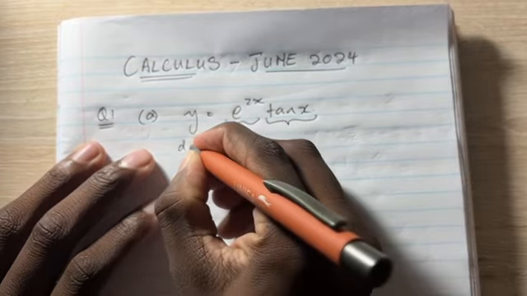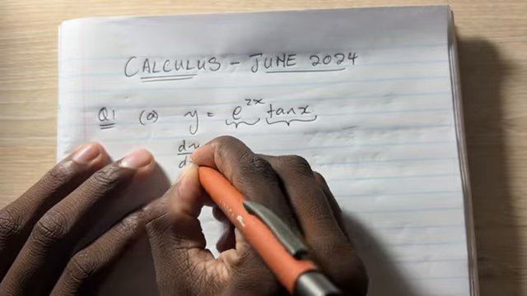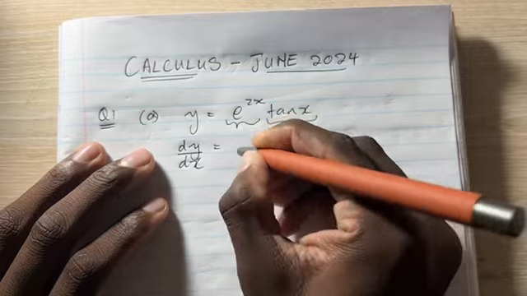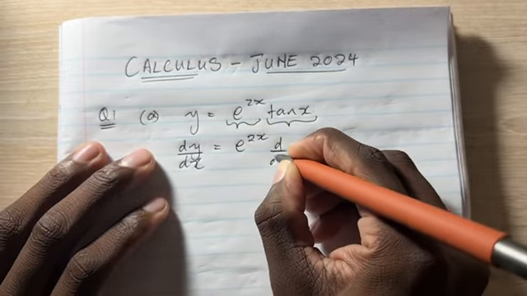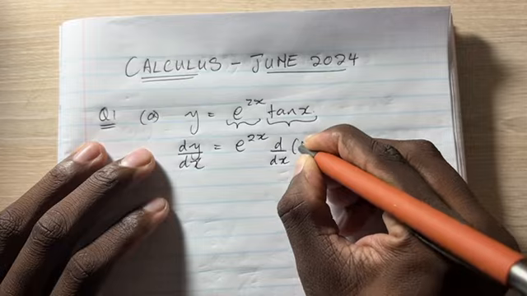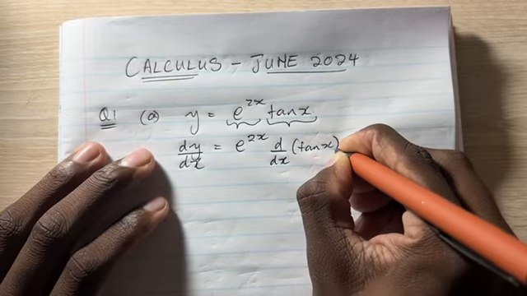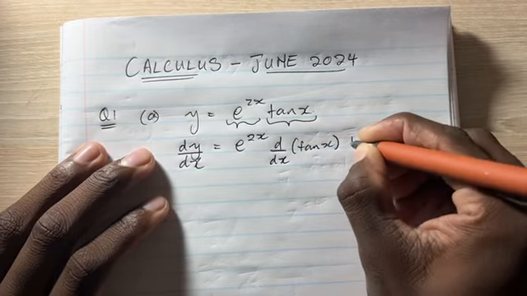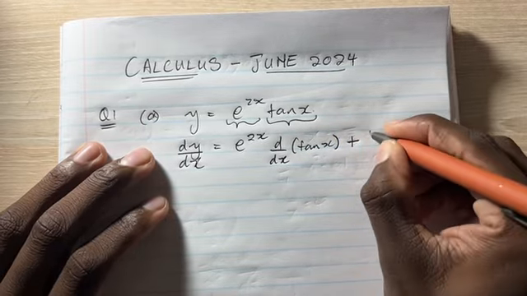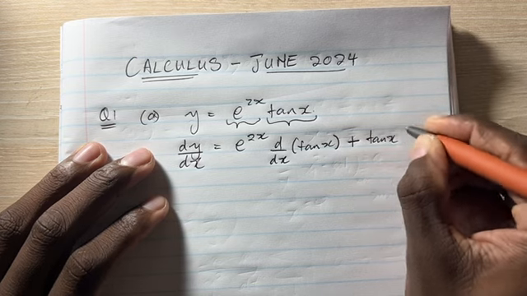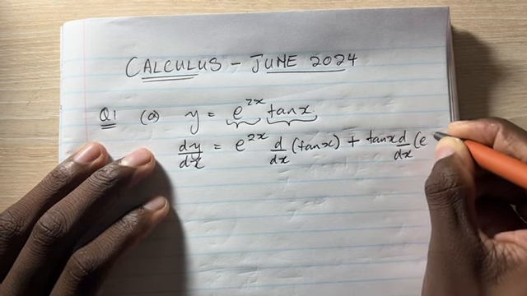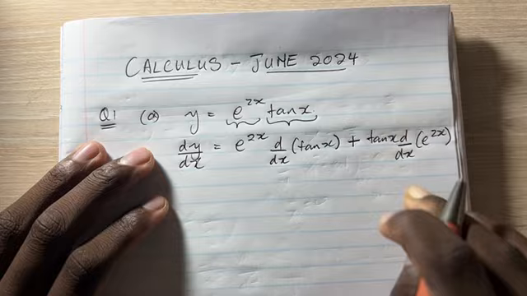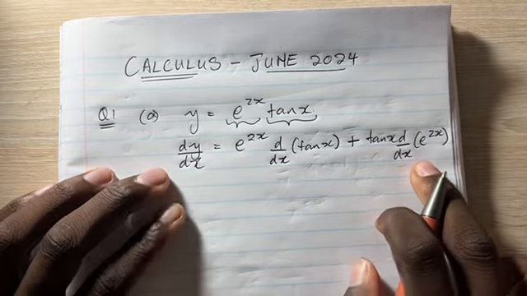So how you apply the product rule is you say dy on dx equals, you start with the first function, e to the 2x, and multiply with the derivative of the second, tan x. And then to that you add the second function, tan x, with the derivative of the first function, e to the 2x.